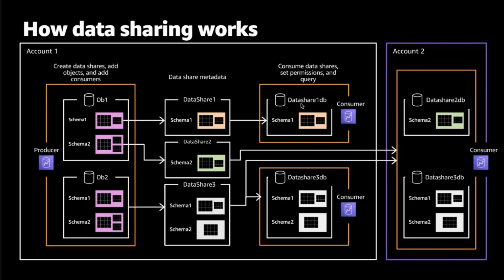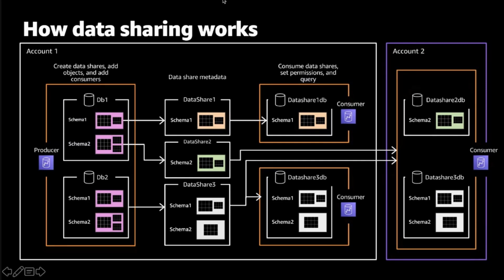The important point is consumer cluster users continue to connect to the databases on the consumer cluster, but now they can query the data that is coming from the other clusters via what we refer to as a cross database query. So you connect to one database, but you can query from any other Redshift database, including the ones that are coming as shares from other systems.